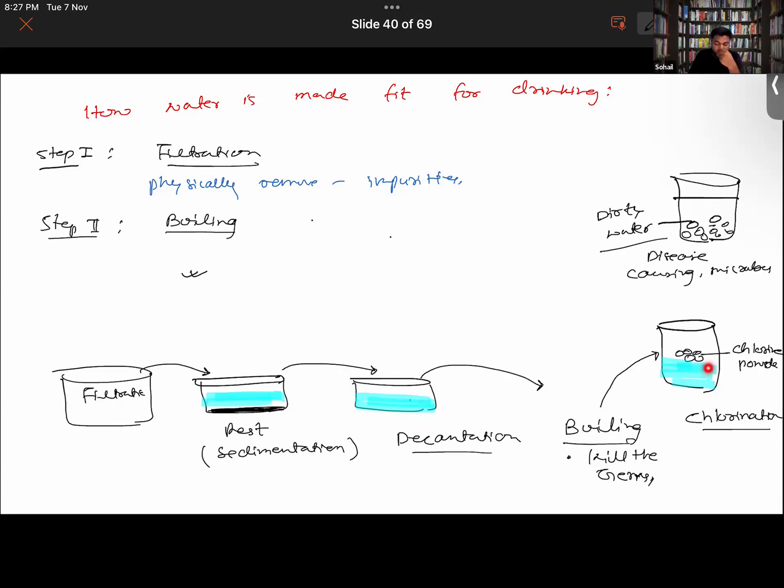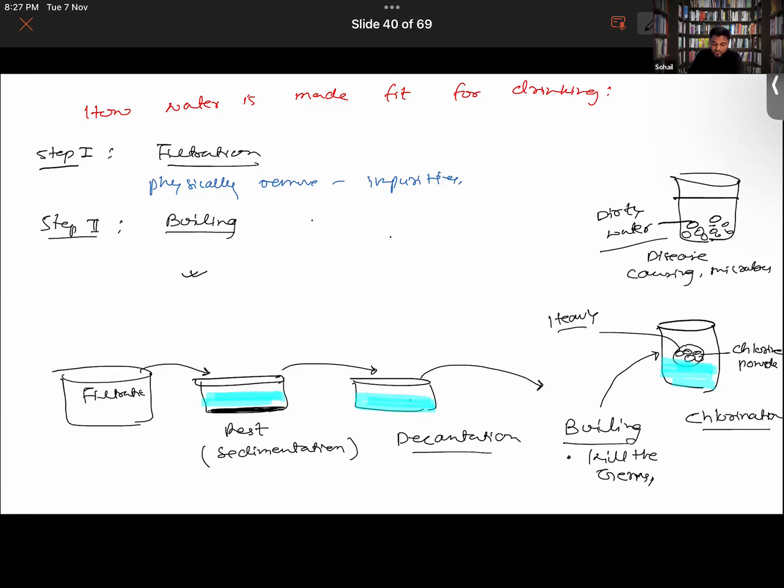Also, whatever suspended waste is present in this water, which did not settle down in the process of sedimentation, will now coagulate. It will react with this chlorine, so the chlorine will become heavier.